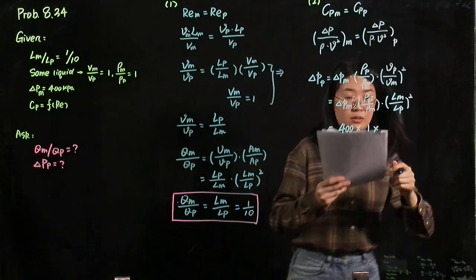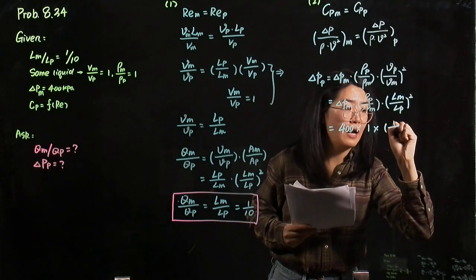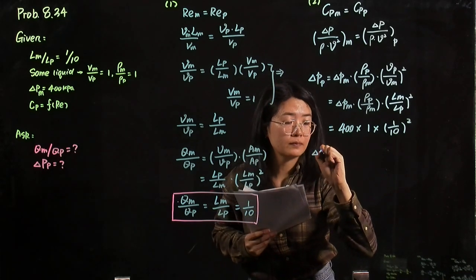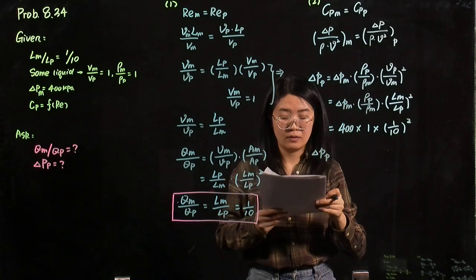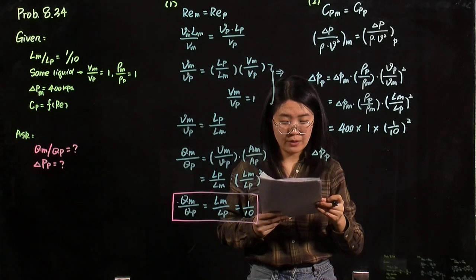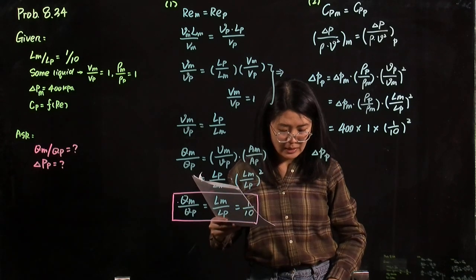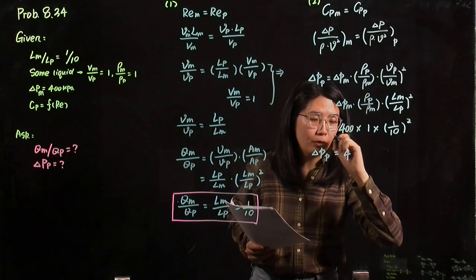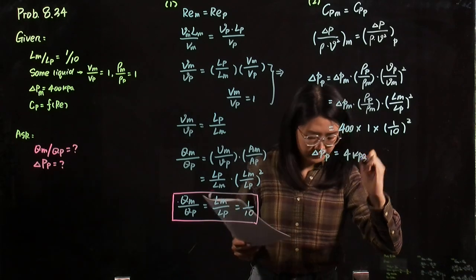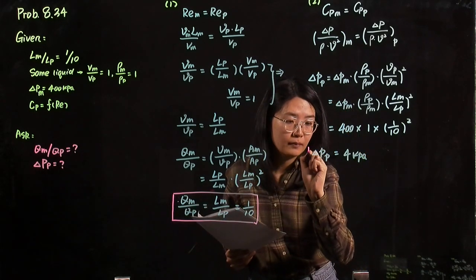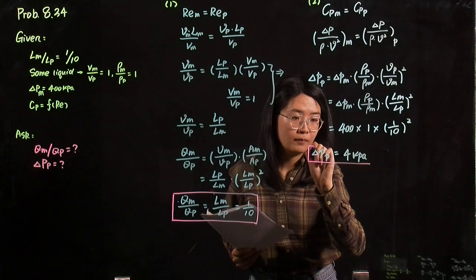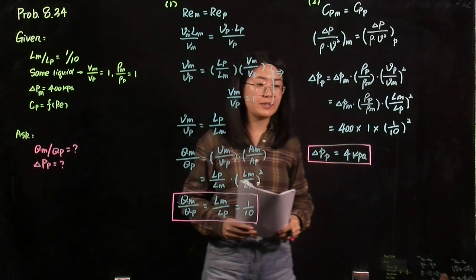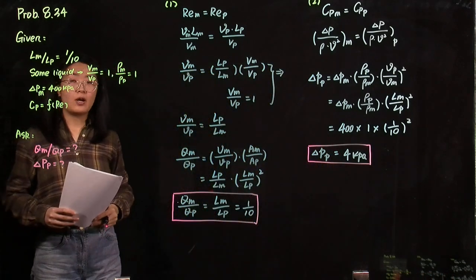So it's 1/10 to the power of 2. Okay, so we can know that the pressure difference in the prototype should equal 4 kilopascal. This is the second result for this problem.